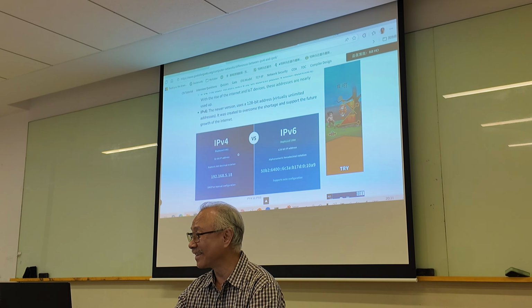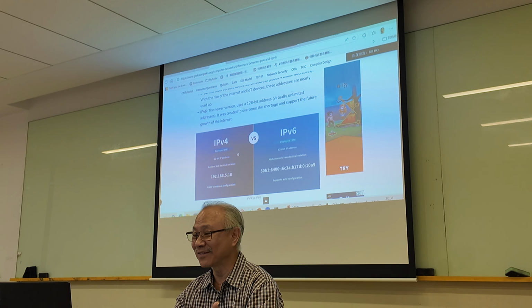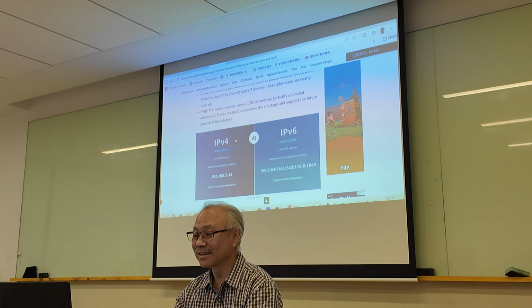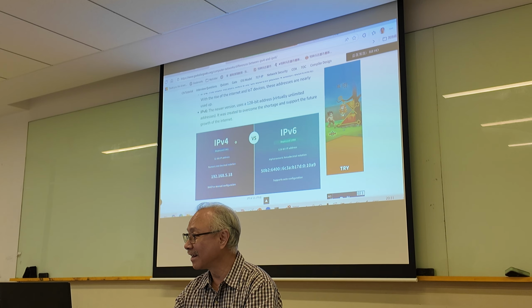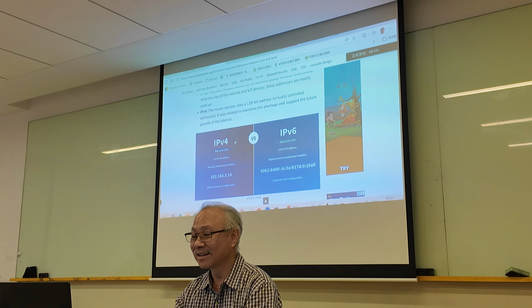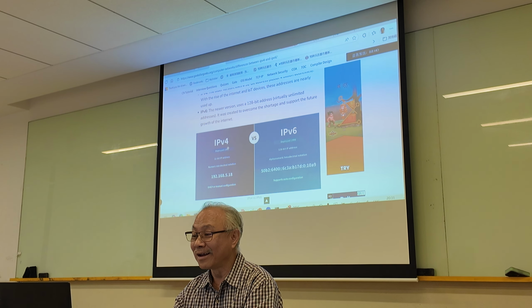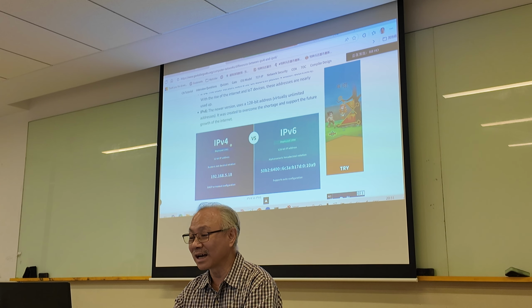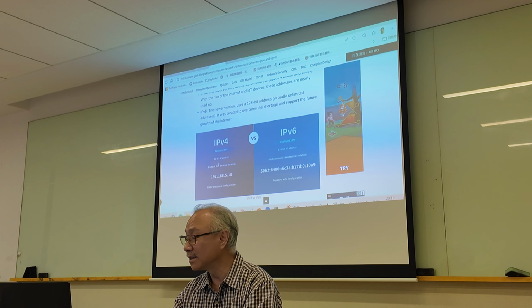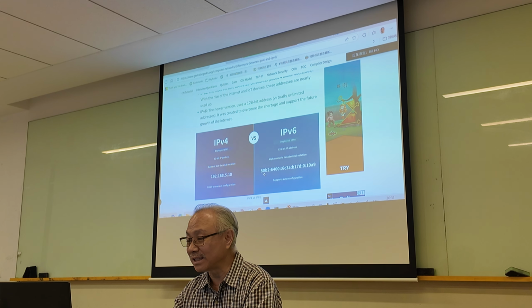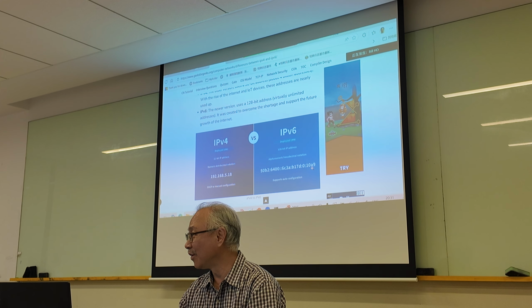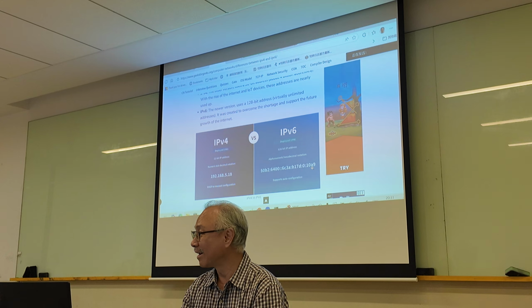I also asked why it jumps from 32-bit to 128, why not 64-bit, because computers have 32-bit or 64-bit. No, that's a name. Version 4 has 32-bit addresses, a number like this. Version 6 has 128-bit addresses, a number like this. That's all.